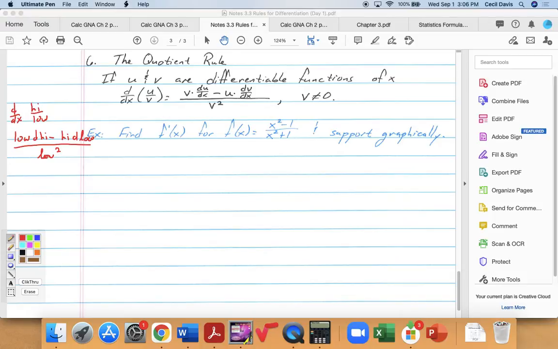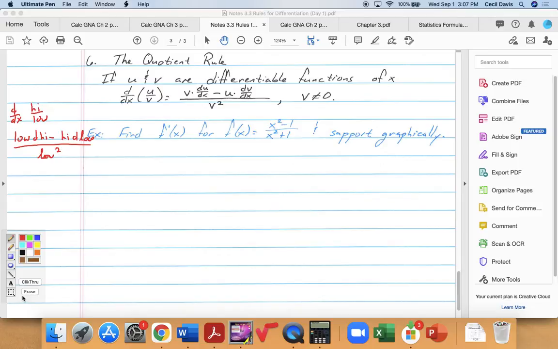Over, and if you want to make it all rhyme, you say low d high minus high d low over the square of what's below. Or you can do high ho, where it becomes high over ho. It's ho d high over high d ho over ho ho. Whatever it takes to help you remember it.